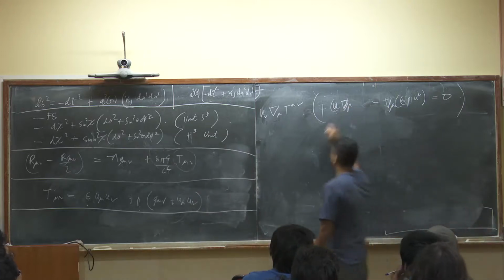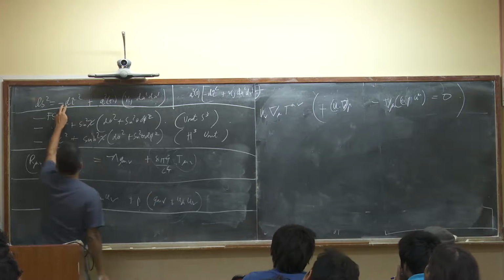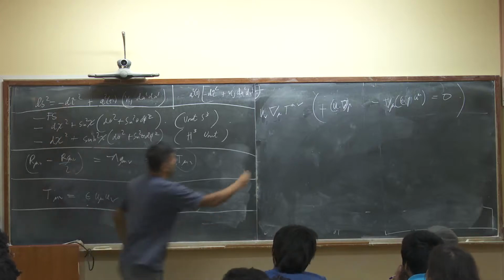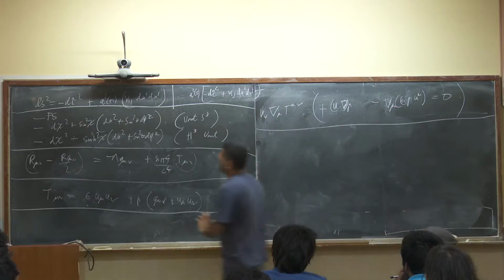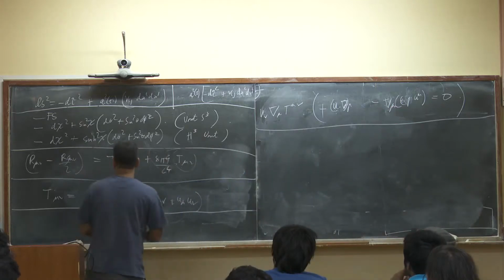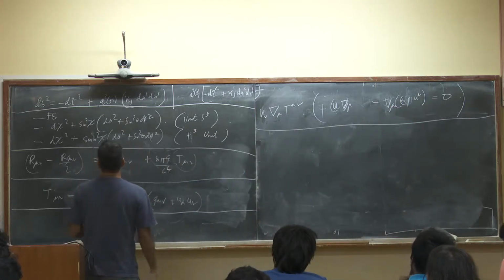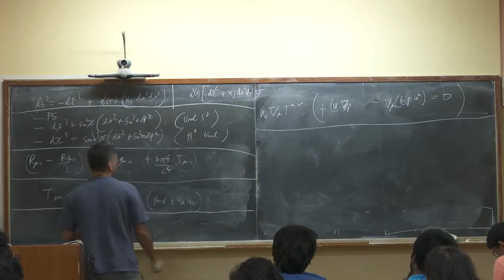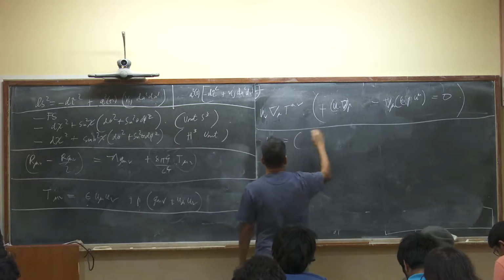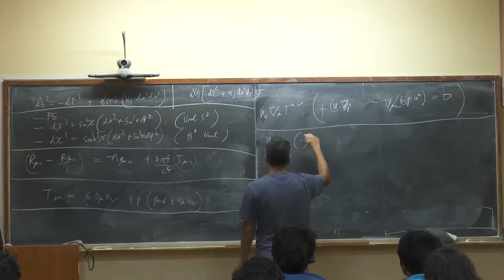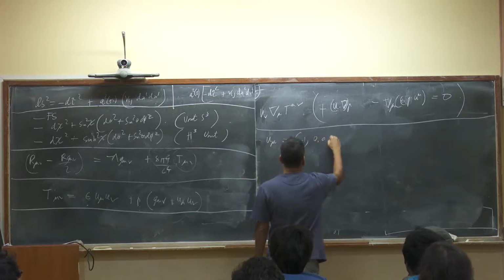So what is this? Now, what was our metric? Let me write down what U is. In our situation, let me write down what U mu is. So U mu is equal to minus 1, or maybe plus 1, plus minus 1, 0, 0, 0.